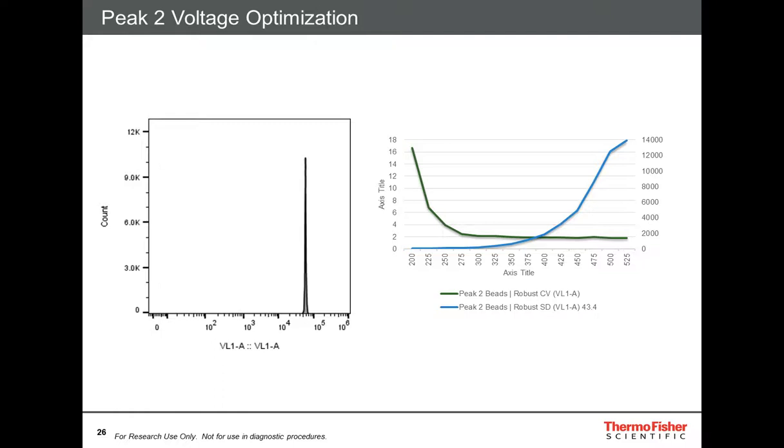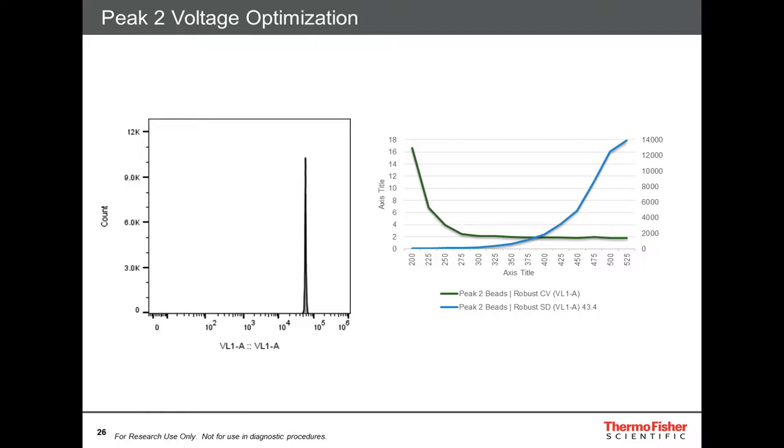So for example, for this PMT, I would probably pick a voltage of about 350 for my minimum baseline voltage. The reason I would pick that voltage is I get a good flat CV, so I know increasing the voltage there would not give me any advantage. And I have a very low contribution of the electronic noise measured by the standard deviation.